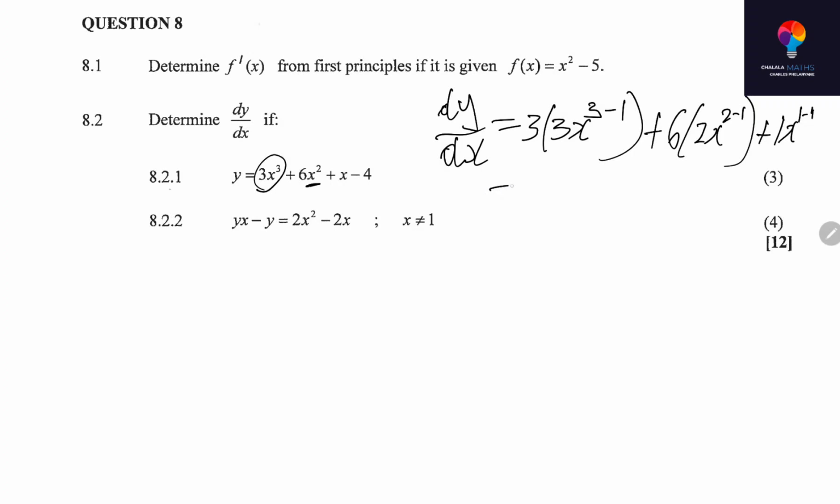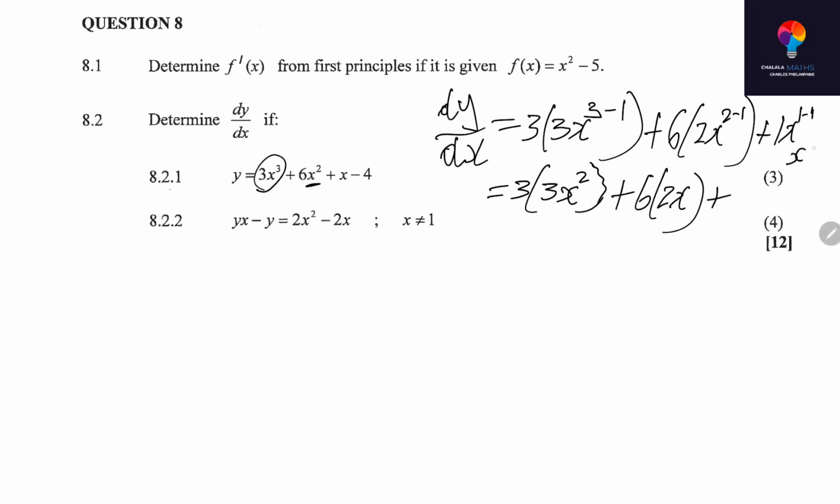So we're going to simplify it further. Put 3, and we say 3 times x to the power 3 minus 1 is going to give us x squared, plus 6 times 2x to the power 2 minus 1 is going to give us 2x. 2 minus 1 is 1, plus 1 times x to the power 1 minus 1.